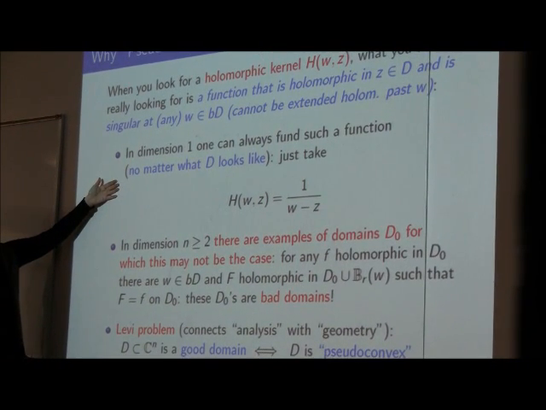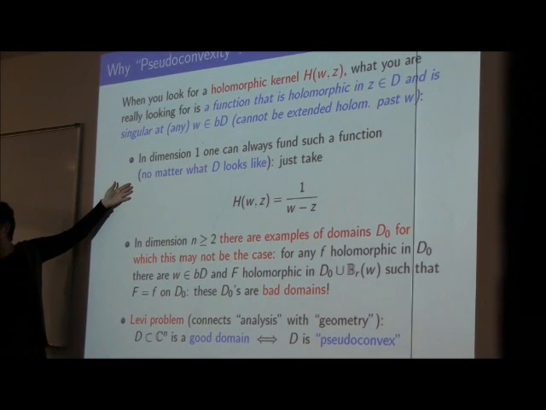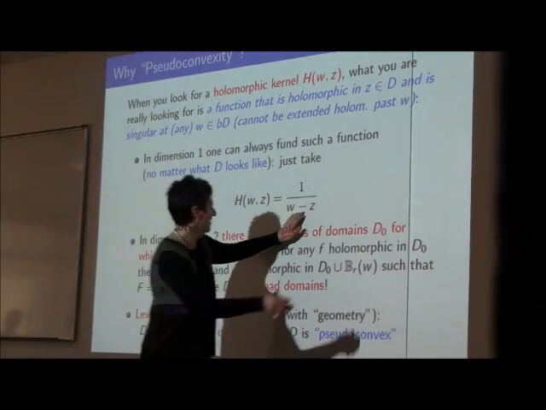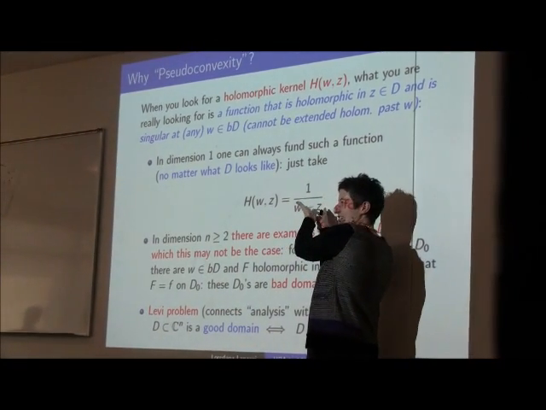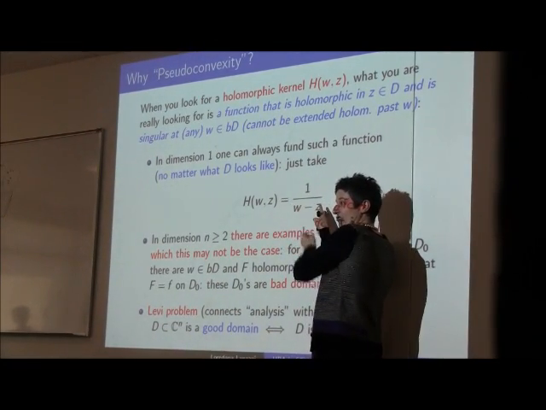You give me a W, I give you an f of Z which cannot be extended past W. Here it is. And it's not a coincidence that the function that you can use is the Cauchy kernel.